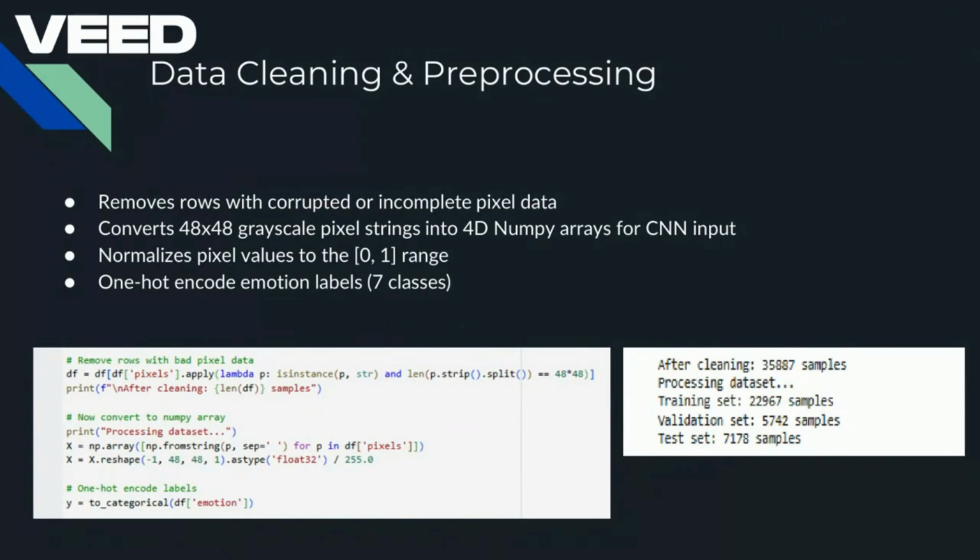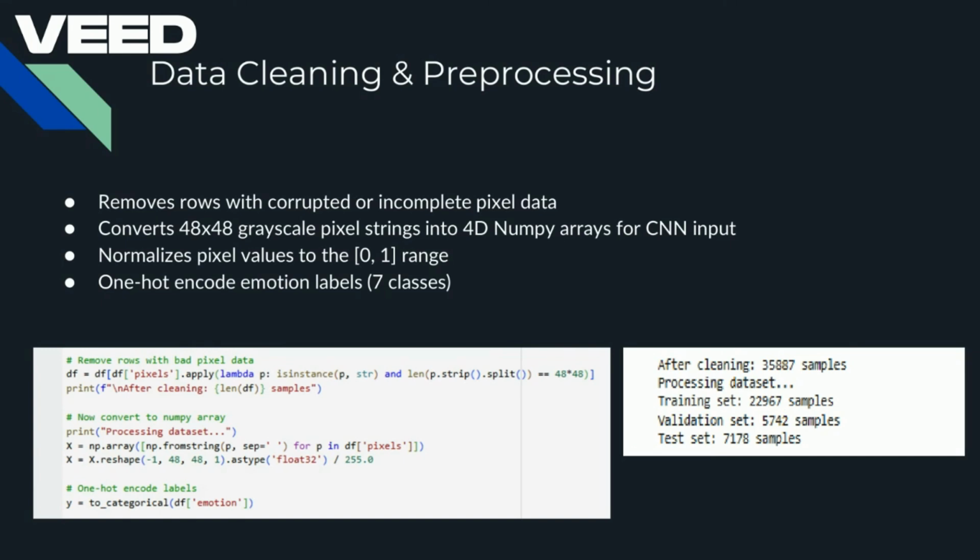Now let's look at data cleaning and pre-processing. So basically what we do here is clean the dataset. We remove any rows where the pixel data is missing or broken. Each image is stored as a long string of 48 times 48 grayscale pixel values, and we convert that into a 4D NumPy array, which is the format our CNN expects.